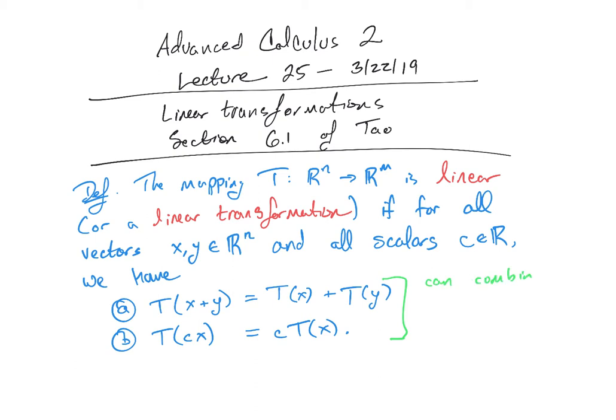Okay. Note that we can combine these. What would we insist on? T of cx plus y would be c T of x plus T of y. Okay, the point being, if you satisfy that for all vectors x and y and all scalars c, then you satisfy both conditions A and B of the definition of a linear transformation.